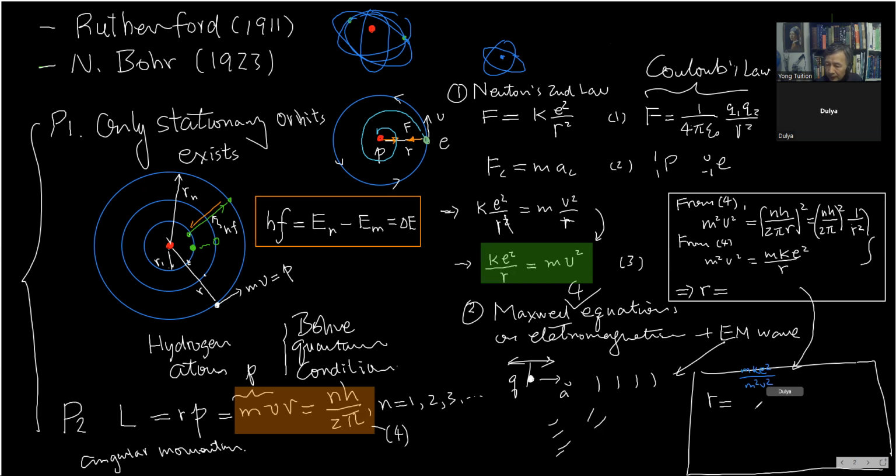M squared. Oh, you still keep the v squared. Can we eliminate v?